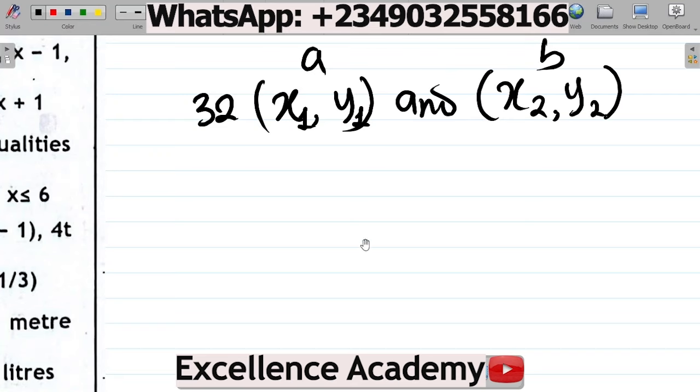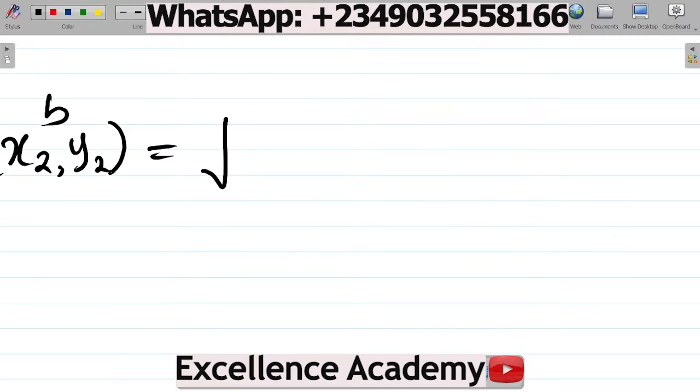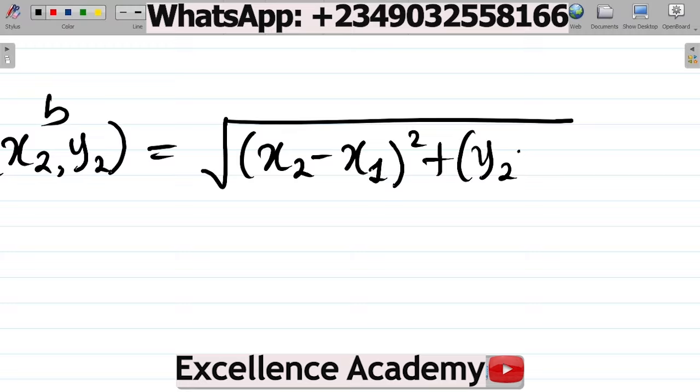The distance between the 2 points A and B is given by the square root of x2 minus x1 all squared plus y2 minus y1 all squared. So that's your formula.